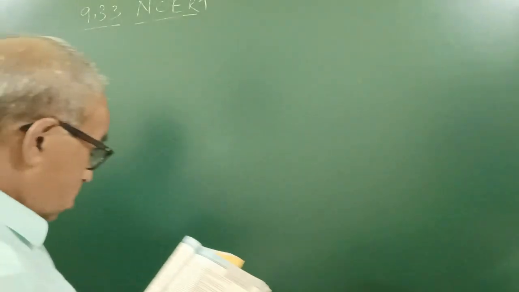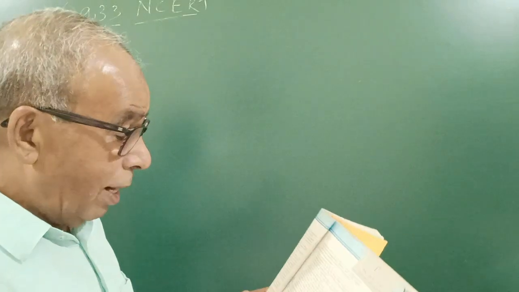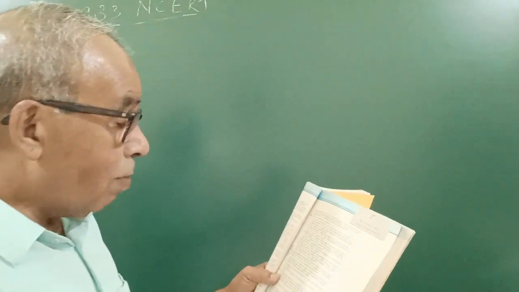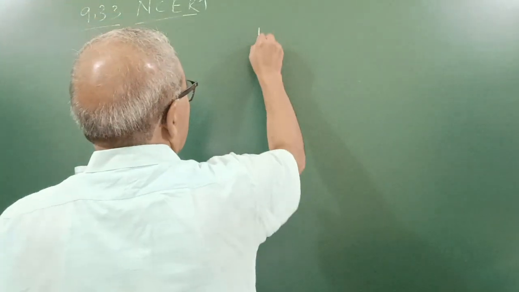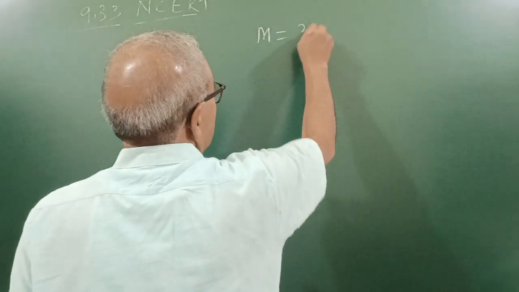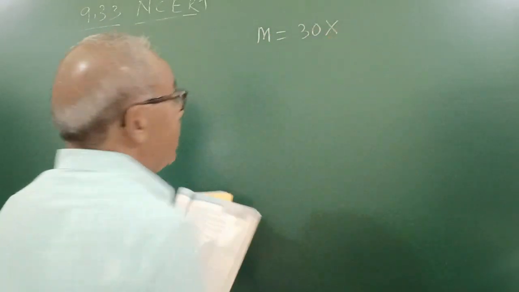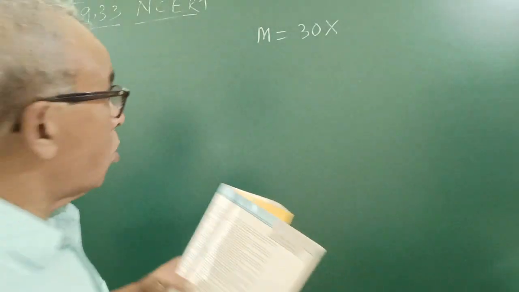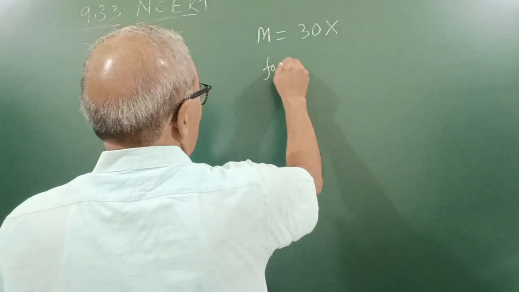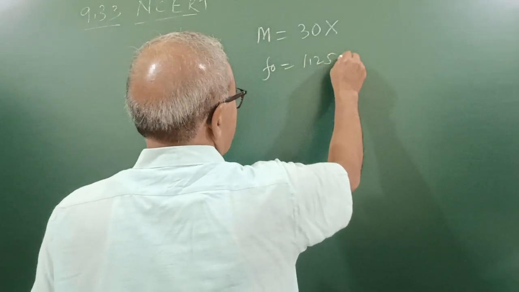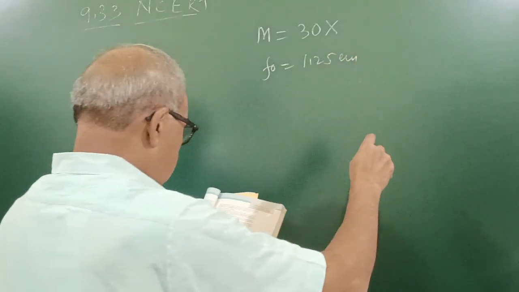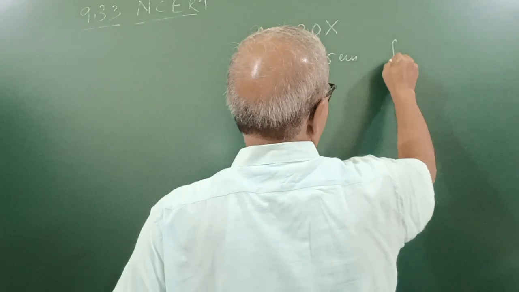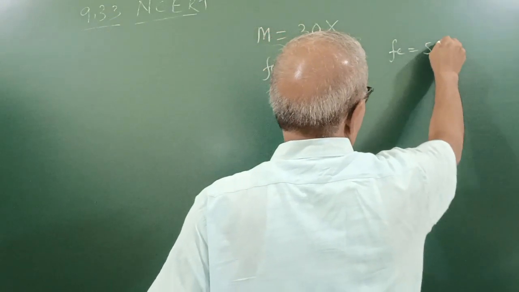The question says that an angular magnification, or magnifying power, of 30x is desired using an objective of focal length 1.25 centimeter and an eyepiece FE of focal length 5 centimeter.